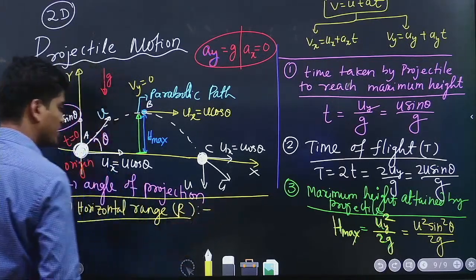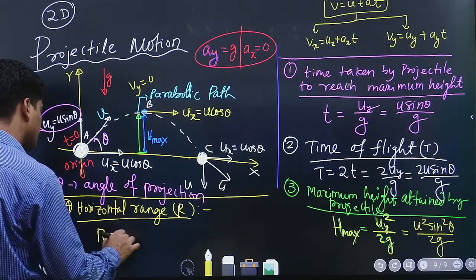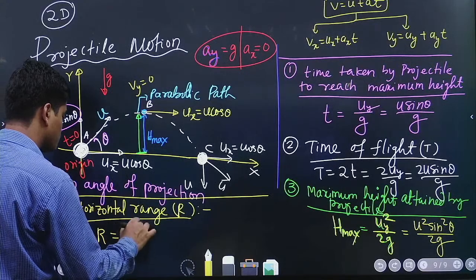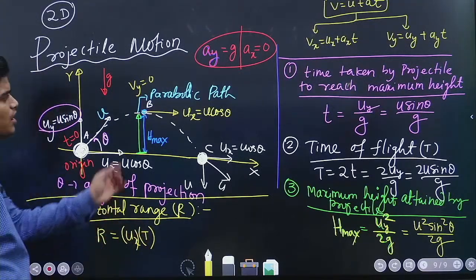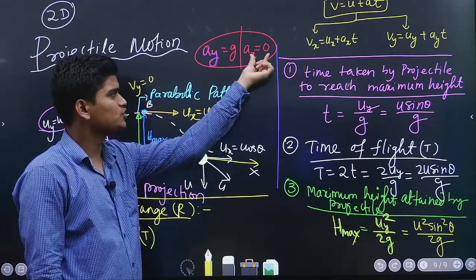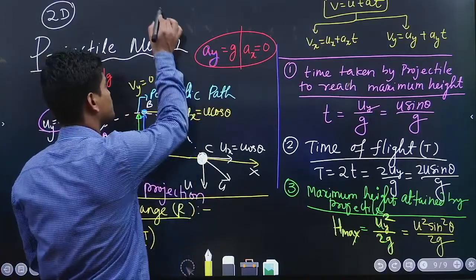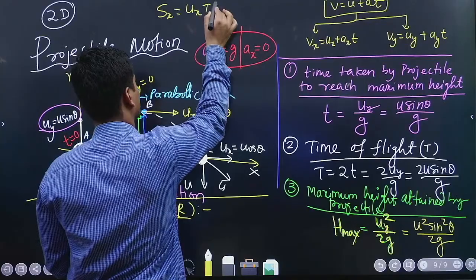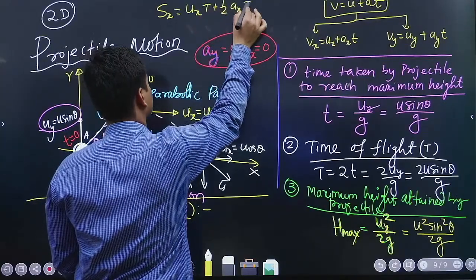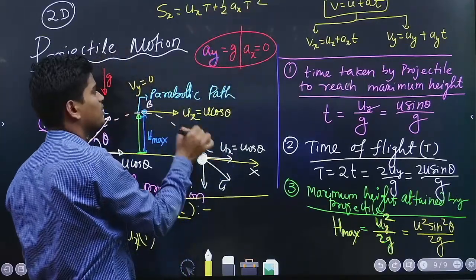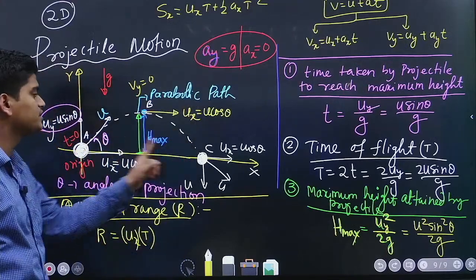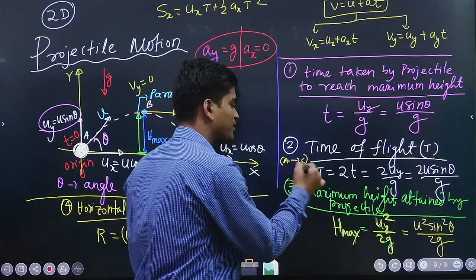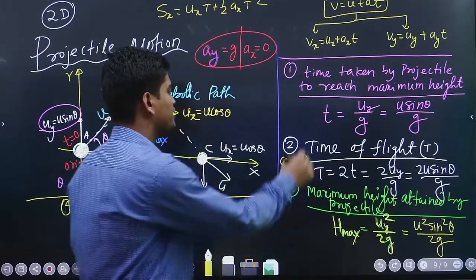So what is this range? Now this R will be nothing but ux into capital T. So why ux into capital T? Because in the horizontal direction there is no acceleration, and if we substitute also, x equals ux t plus half a t square, because here to here the time taken is basically capital T, A to C. This time taken is basically A to C time taken, that is T. But this time taken is what?